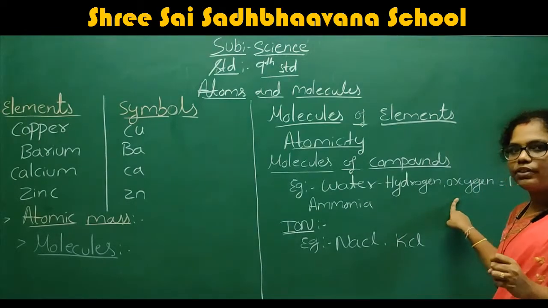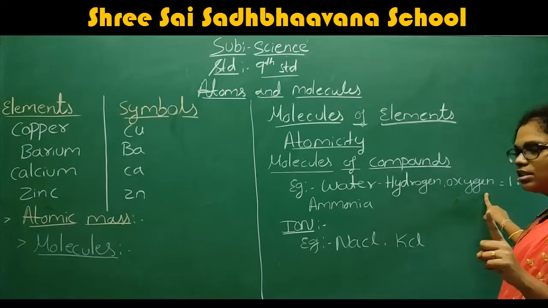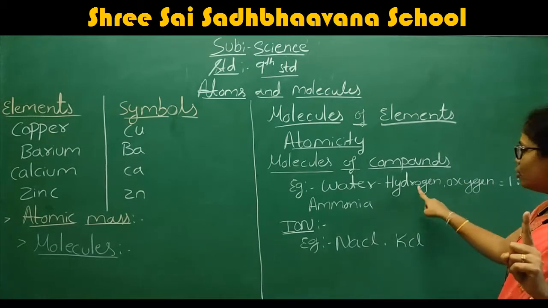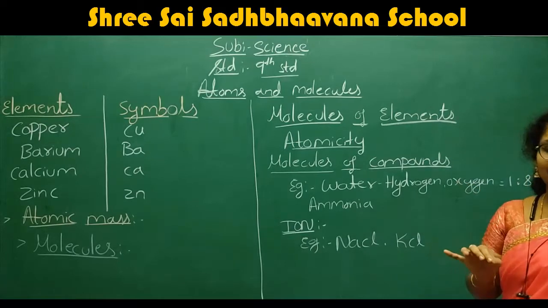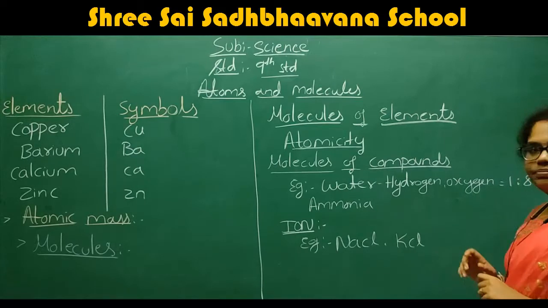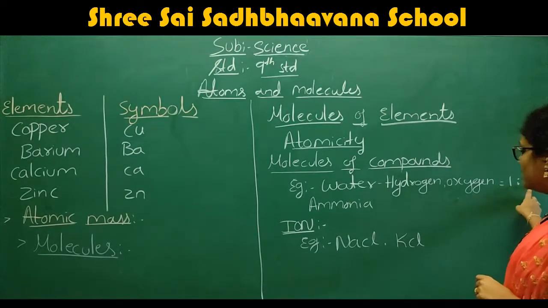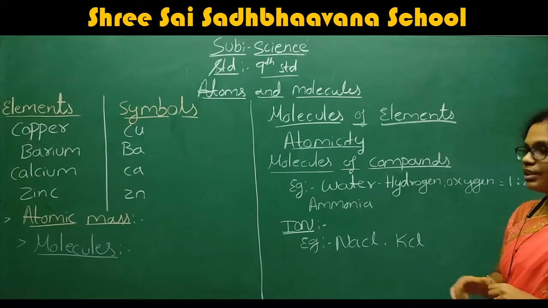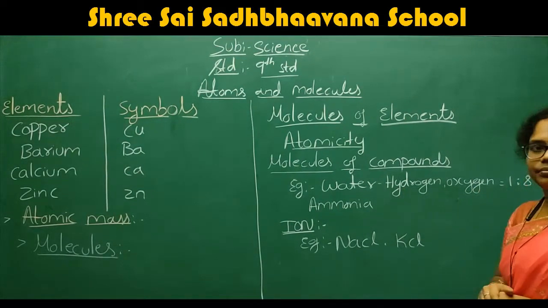What is the atomic number of hydrogen? 1. And of oxygen? 8. Therefore, the ratio of the presence of the elements in the compound is 1:8. Hydrogen is 1 and oxygen is 8.